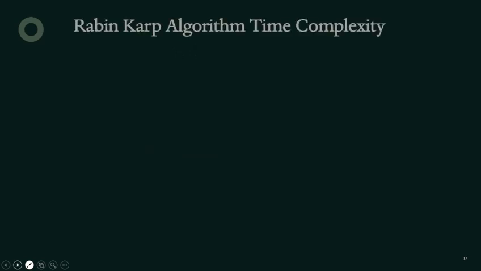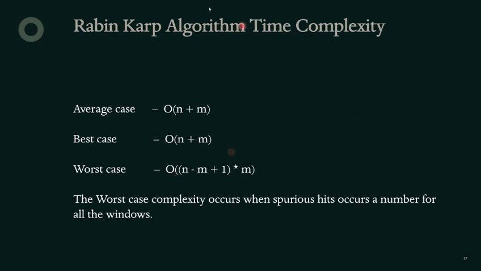Right. Now let's see the time complexity of the Rabin-Karp algorithm. The time complexity analysis of the Rabin-Karp algorithm involves understanding the operations performed at each step and how they contribute to the overall runtime. We are discussing the hash time, calculating the hash value.